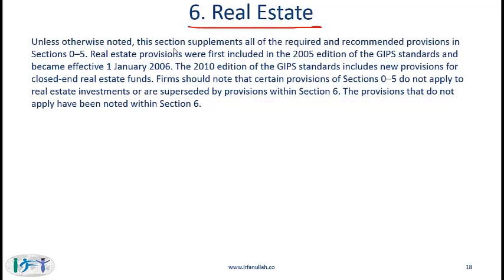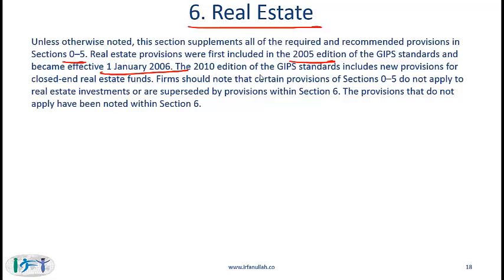Unless otherwise noted, this section supplements all of the requirements and recommended provisions in sections 0 through 5. Real estate provisions were first included in the 2005 edition of the GIPS standards and became effective on 1st January 2006.